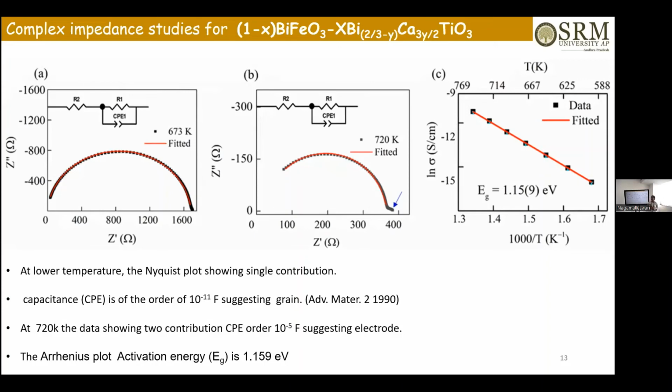The first one is grain, and the other we identify with a capacitance value of 10 to the power of minus 5, suggesting this is a contribution from electrode response.